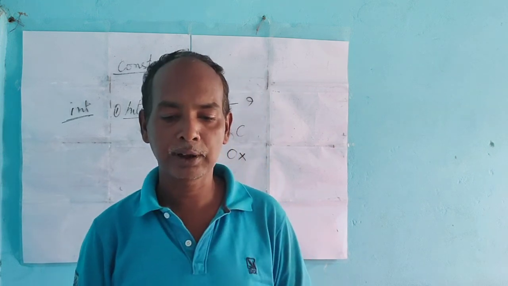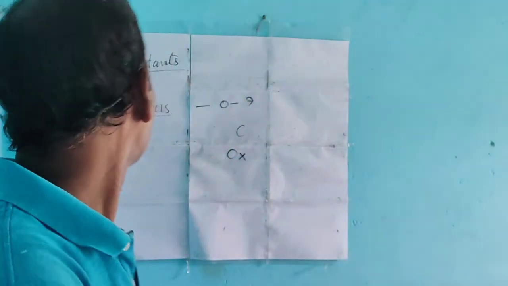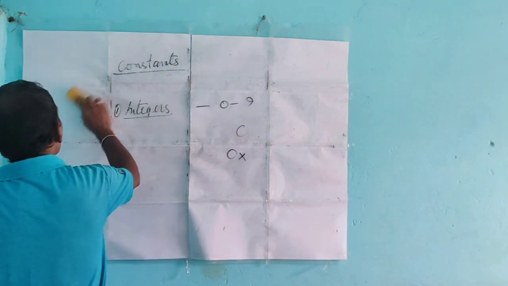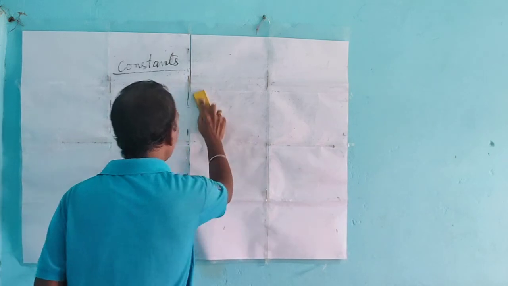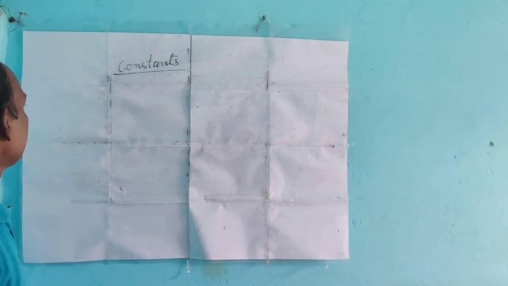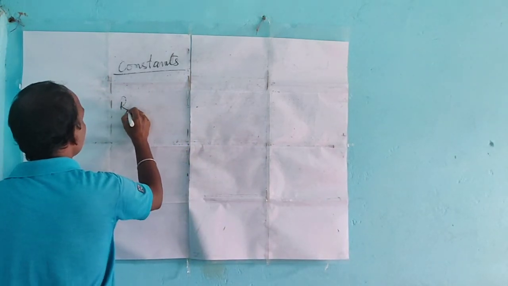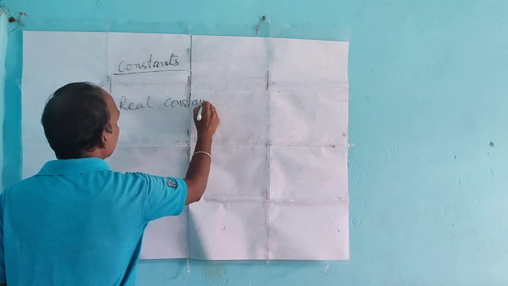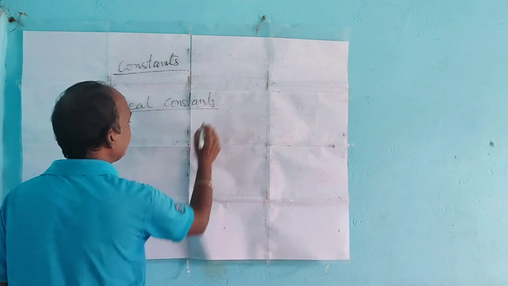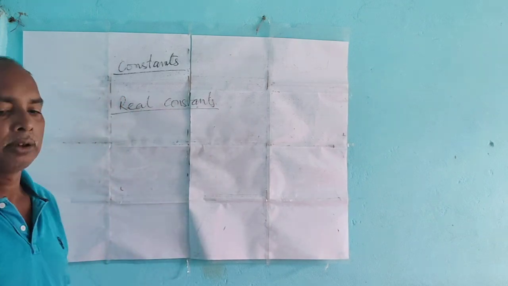Next is the real constant. There are some rules for real constants.